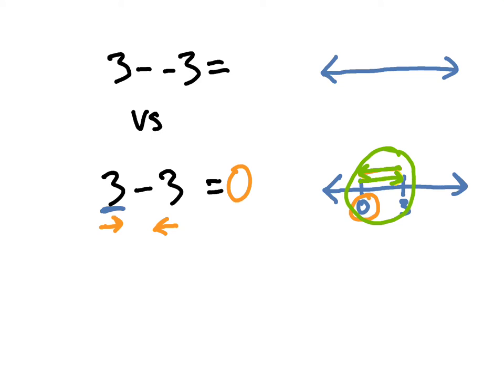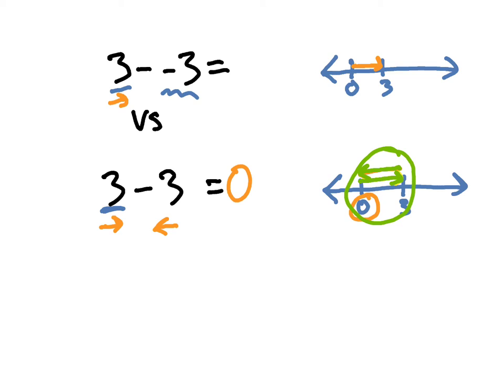Okay? Now, let's look at the top problem. I have 3 minus negative 3, or you can think about it as 3 minus the opposite of 3. Okay, so here's 0 again, and here's 3. Well, same thing. We're starting at 3, which means we start from 0 and go to 3. We went to the right 3.